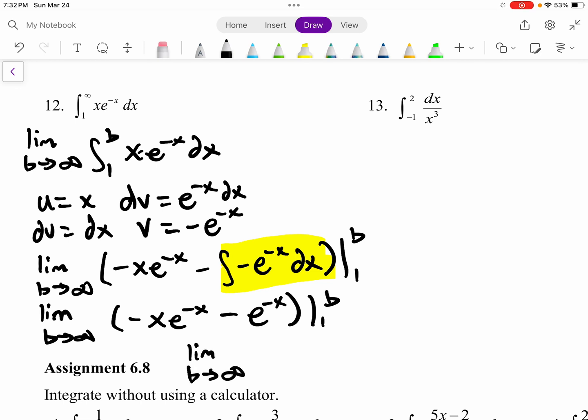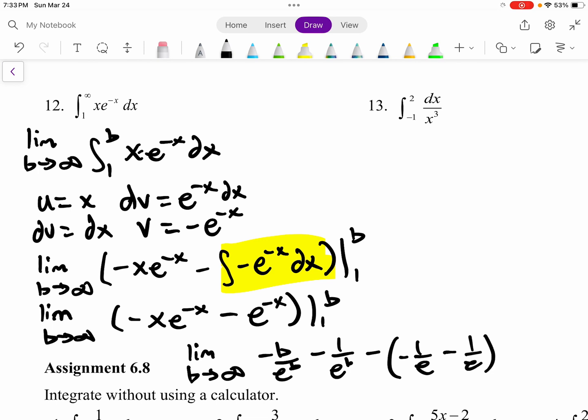When I plug in b, I end up with a negative b over e to the b, minus 1 over e to the b, minus, I got to plug in the 1, so that would be negative 1 over e to the 1, so negative 1 over e. Plug 1 in the next one, you get minus 1 over e.